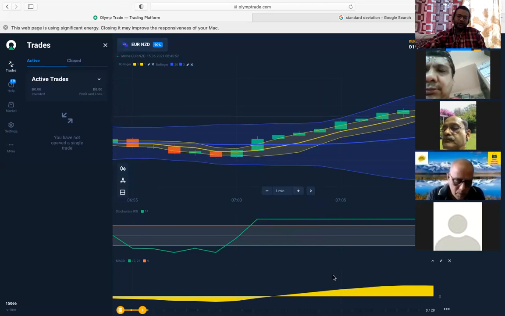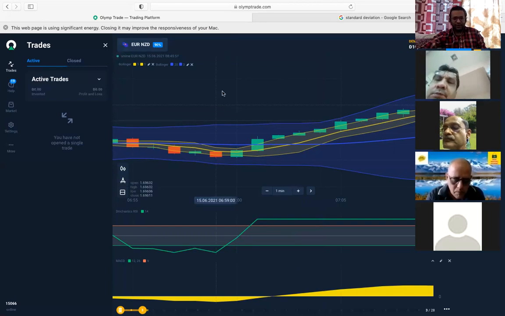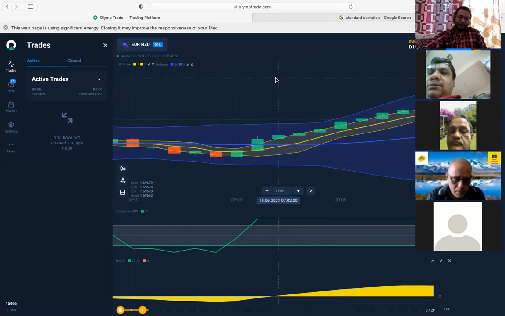And the slope of the histogram should be supporting your trade. This strategy will work for you at least 75% of times. And once you use the AMMS, the aggressive money management system that we have created, I think you should be in good profits every time.